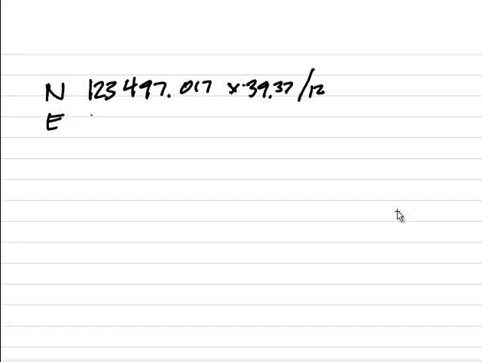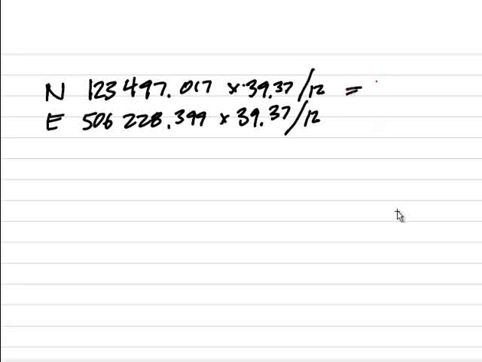Easting, 506,228,399 times 39.37 divided by 12. And this time, we're going to get slightly different values.